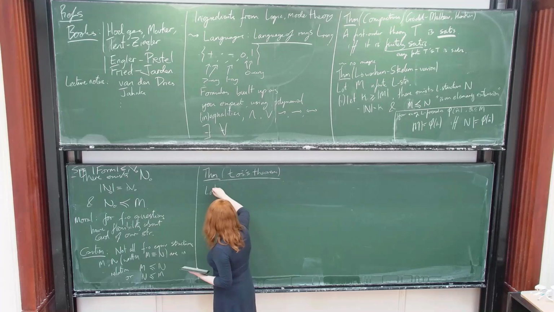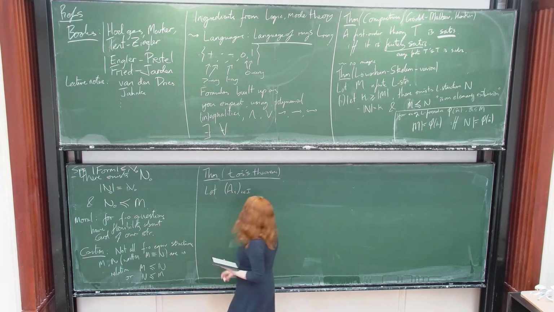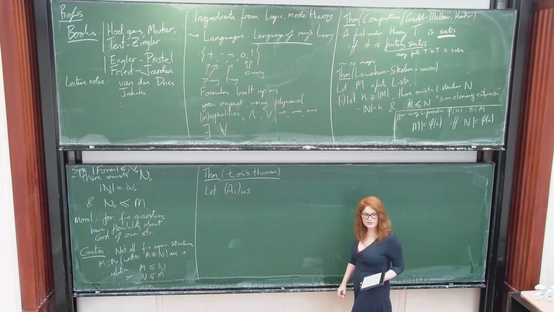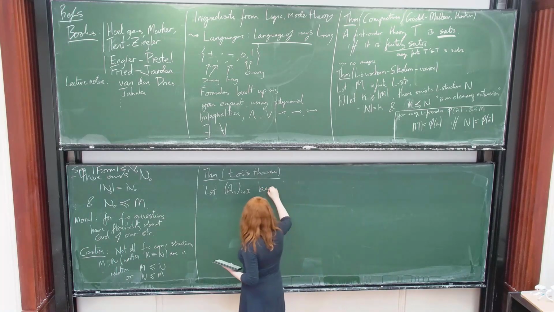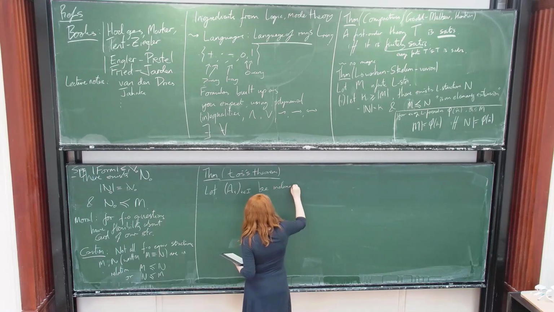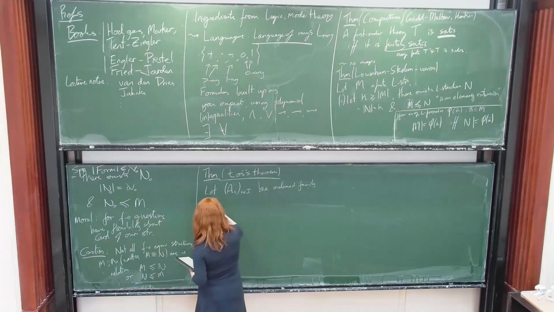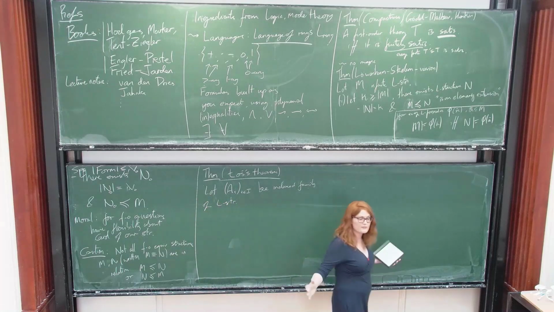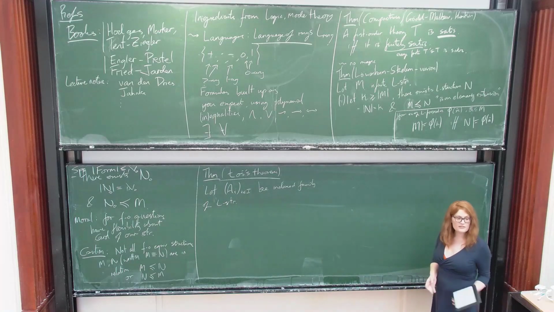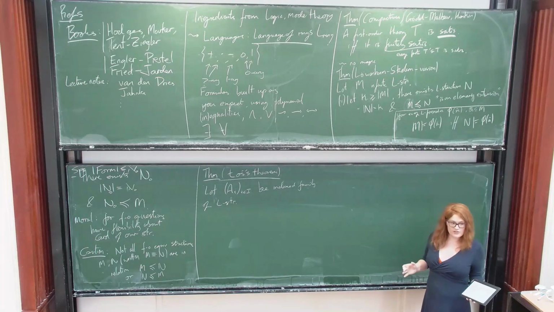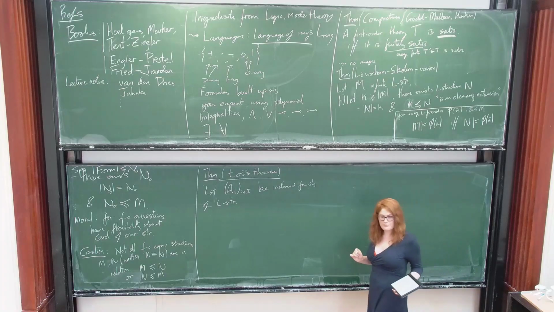So, let A_i be any indexed family of structures in some language. This could be a family of rings, a family of fields, a family of strange structures that don't happen to be rings but are in the language of rings.